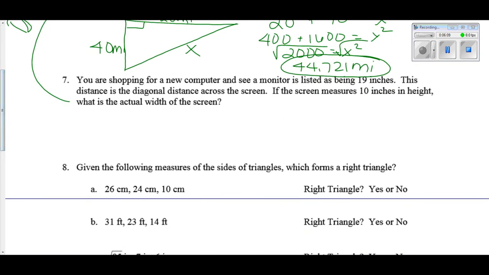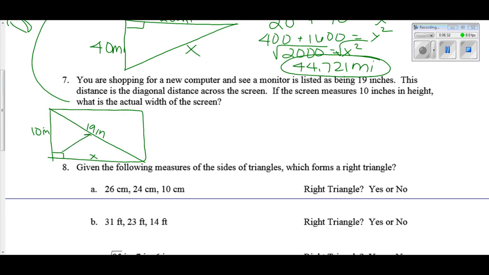Next one, you are shopping for a new computer. So here's our computer. And a monitor is listed as being 19 inches. This distance is the diagonal distance across the screen. So we know that this is 19 inches. If the screen measures 10 inches in height, what's the actual width of the screen? So we're looking for this.